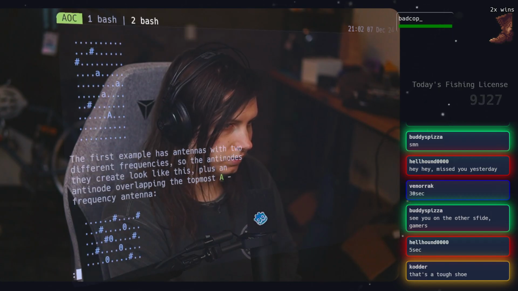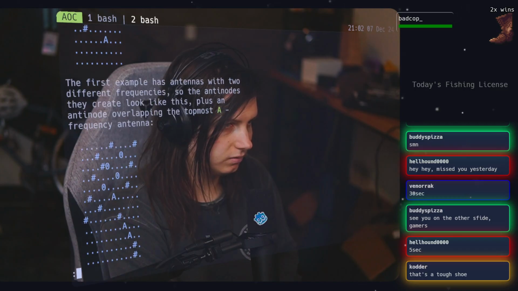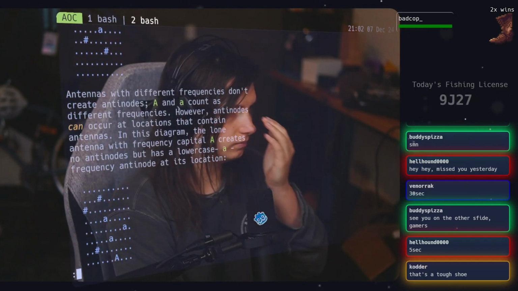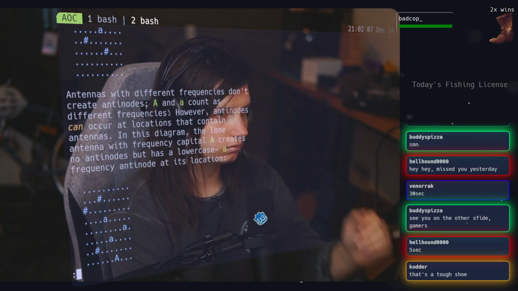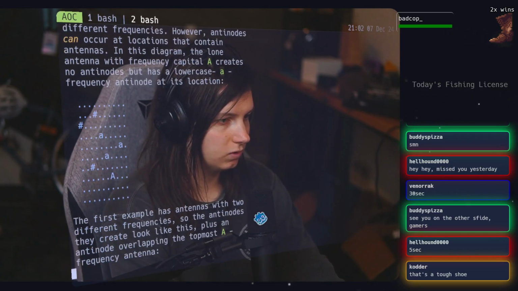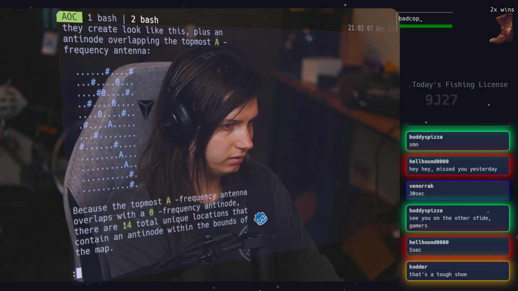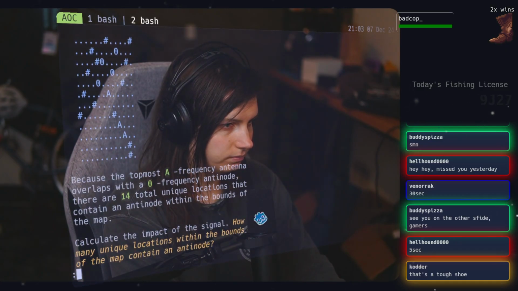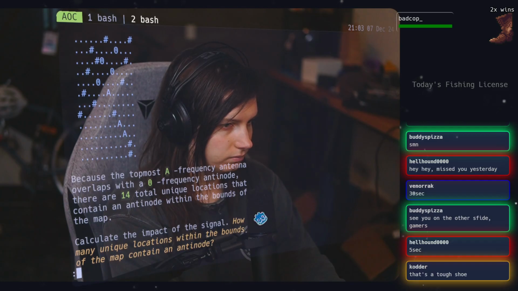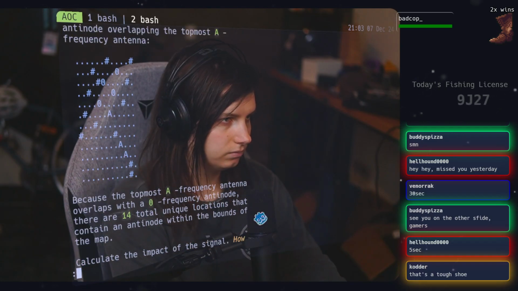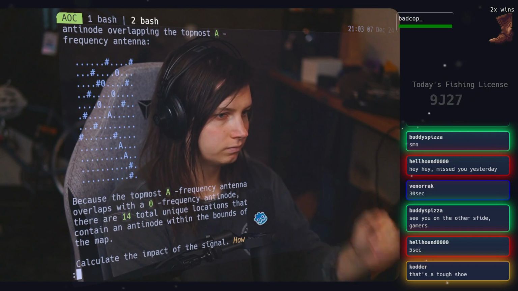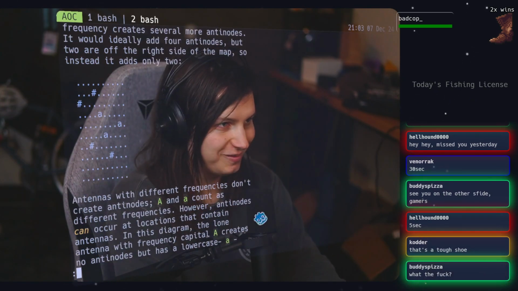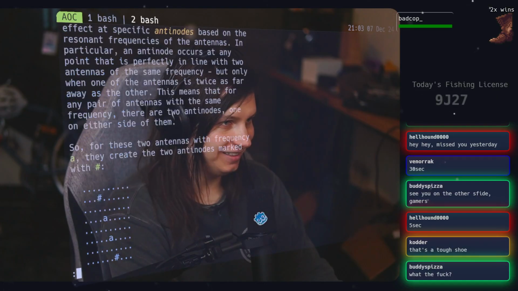Plus an antinode overlapping the topmost A. Can they overlap each other? Jeez. What the fuck?